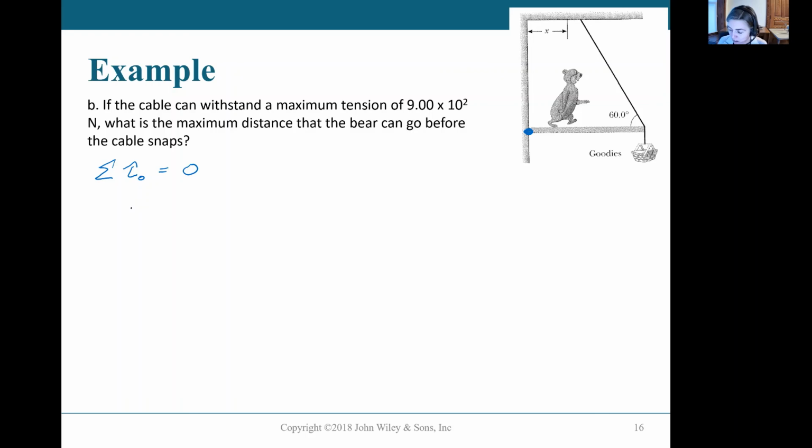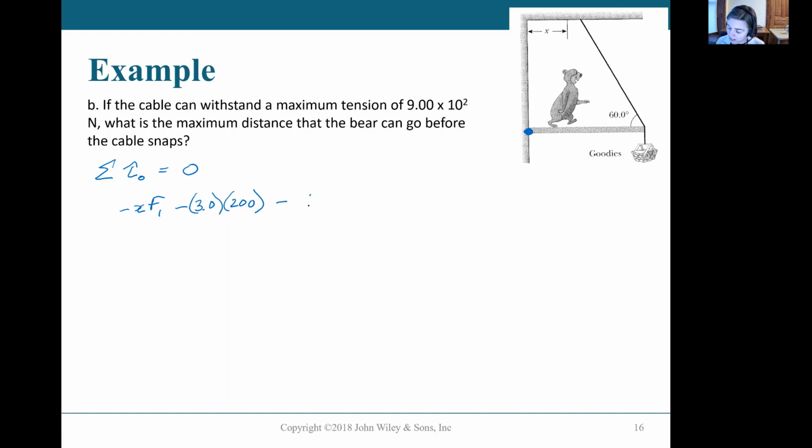So all that's going to happen now, I'm still going to think of my axis of rotation as being here. And I'll have minus x times the force of the bear. That was F1. It's my first torque. And then I'm going to have minus 3 times the weight of the beam itself. That was 200.